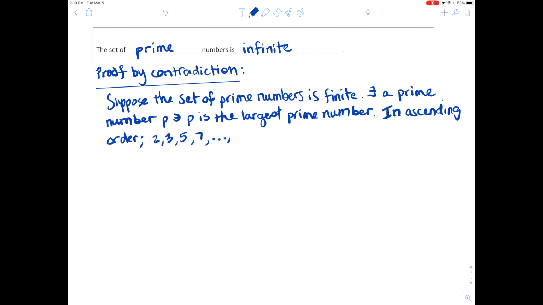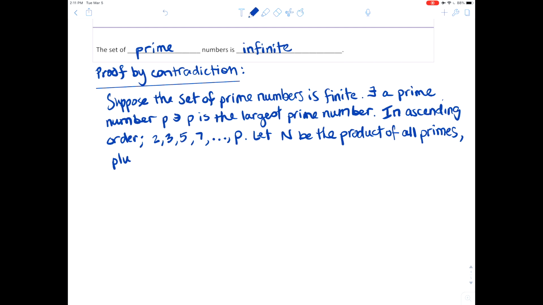And you'd go on until p, and let n, capital N, be the product of all these primes, plus 1.